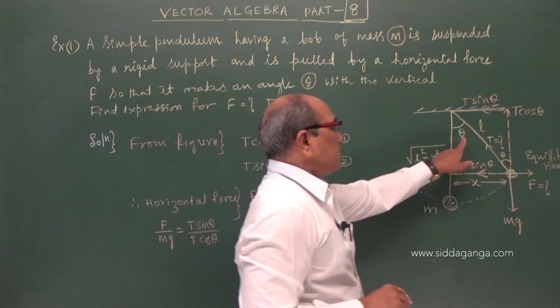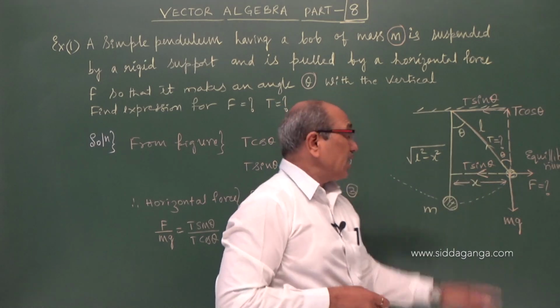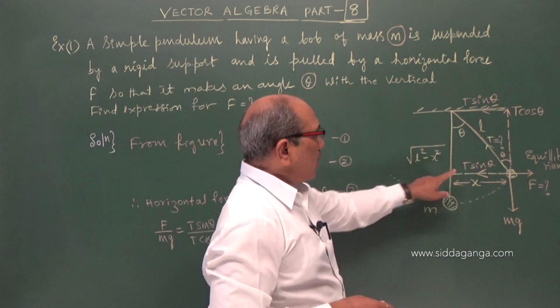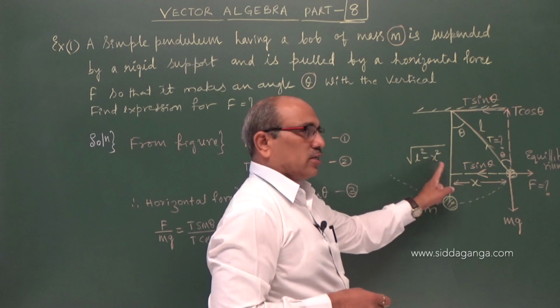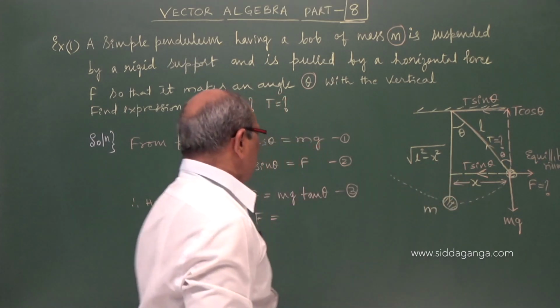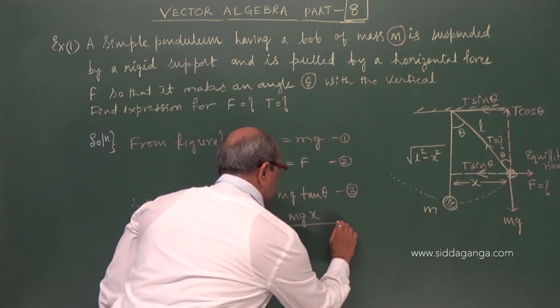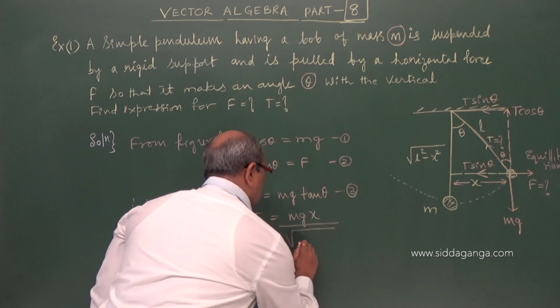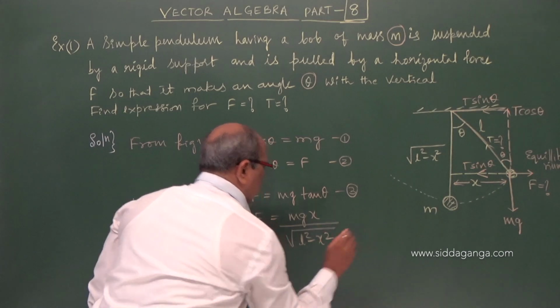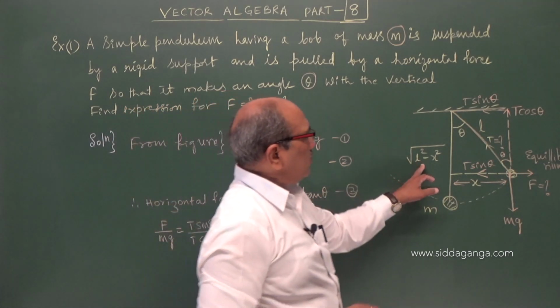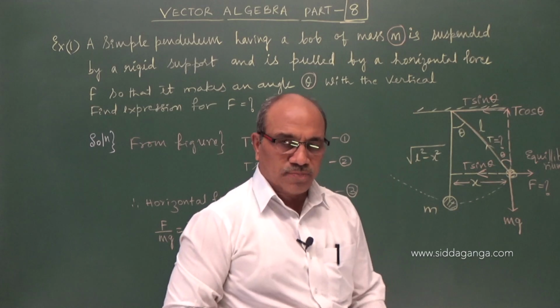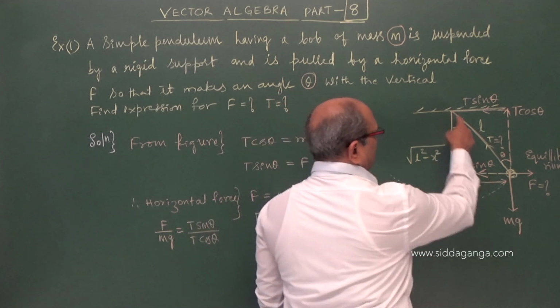You can write what is tan theta. Tan theta is equal to opposite side by adjacent side, x by root of this. Therefore I can write mgx upon root of L square minus x square. You may be thinking, where did this L square minus x square appear from? It is a right angle triangle.